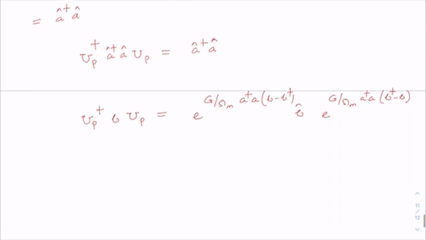If I work it out, it's very straightforward. If you do it, you will get b plus z by omega m, a dagger a.